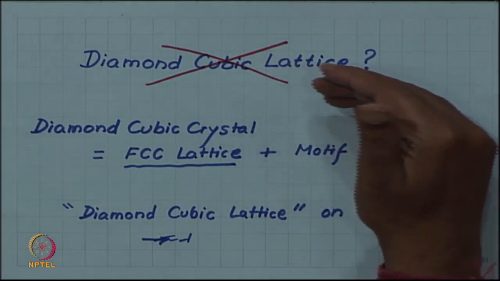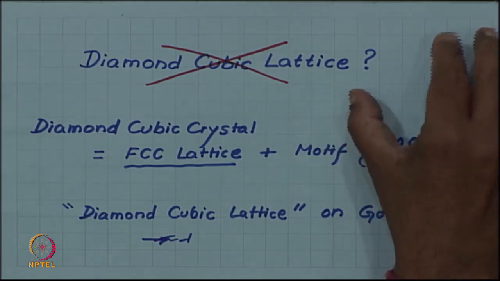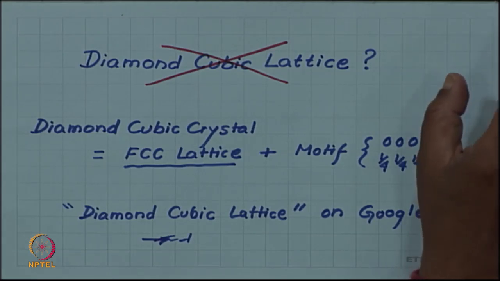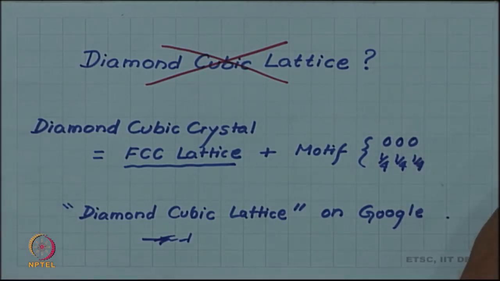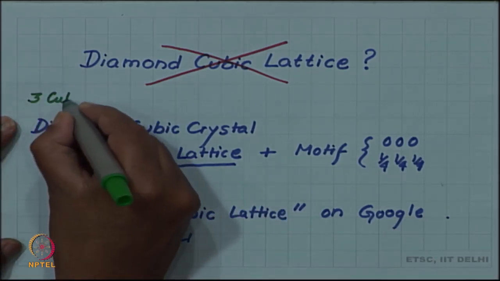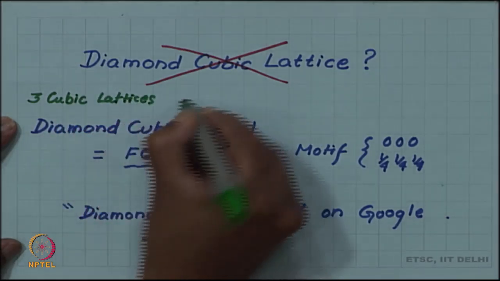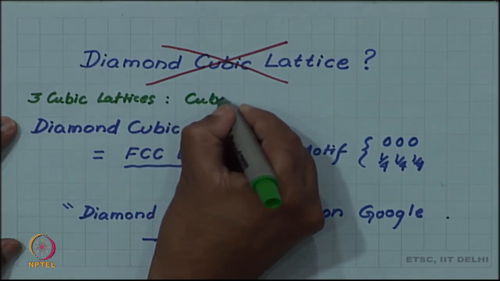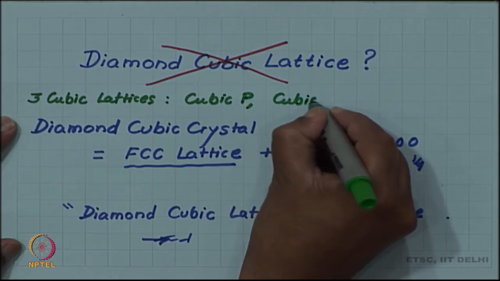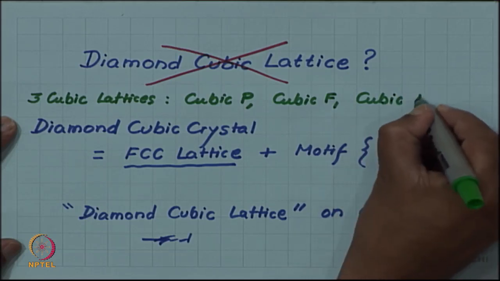We have already met 14 Bravais lattices. So, out of those 14 Bravais lattices, there are only 3 cubic lattices. You may recall that the 3 cubic lattices are cubic P, simple cubic, cubic F, face centered cubic, and cubic I, the body centered cubic.